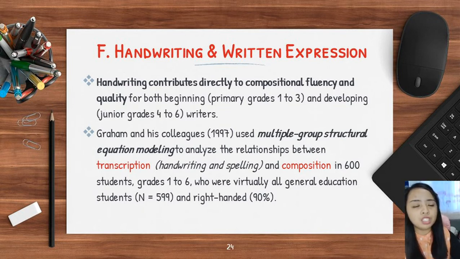So Graham and his colleagues, 1997, used multiple group structural equation modeling to analyze the relationship between transcription, or the handwriting and spelling, as well as the composition, in students who were virtually all general education students.